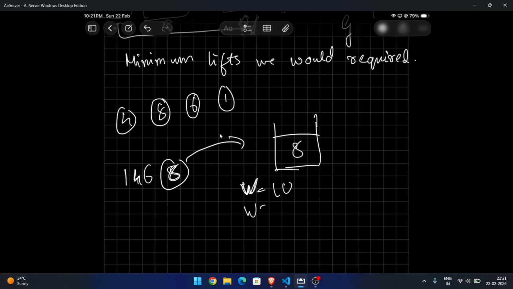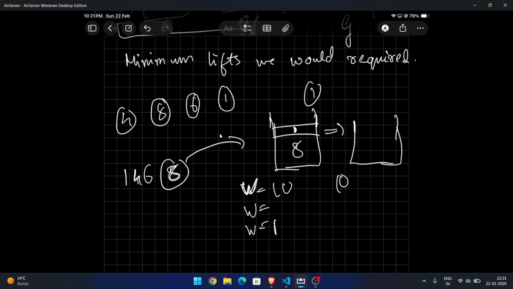Now the remaining is 1, and you can't put anything more. So now again, 1 lift is used, and the remaining is 10 again. The maximum you can put is 6, and then the maximum you can put is 4. So you would require 2 lifts.